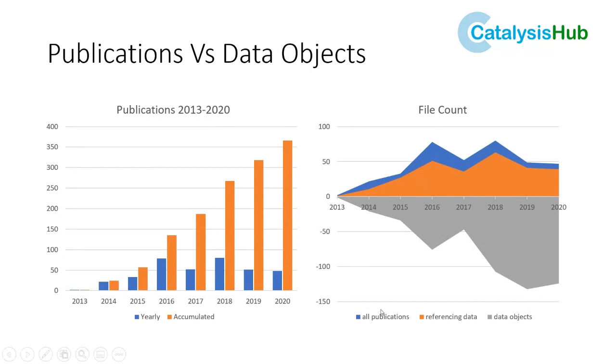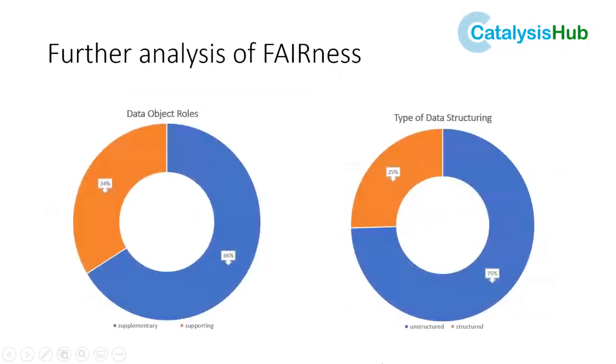And this is when we start to see the shape of this big iceberg of data, all the data that's behind the published results. So we see that the supplementary data tends to be unstructured data, and there is almost a correlation between the type of data structuring and the type of role of the data.